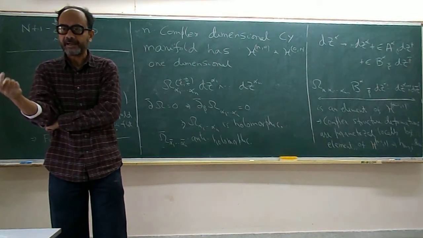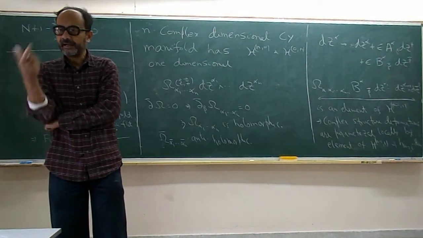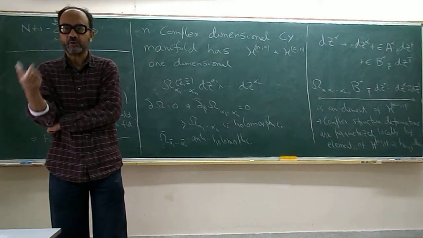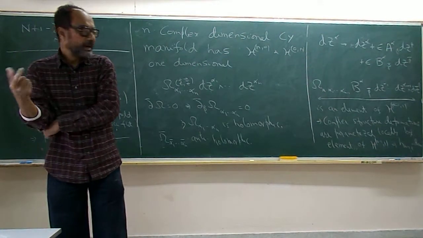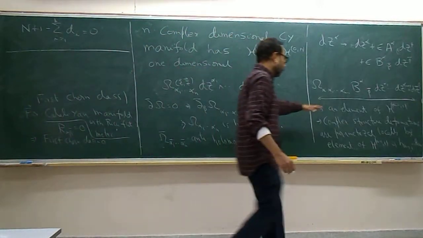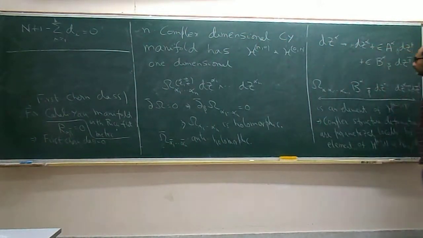So because the metric has to be real, Kähler deformations are h1 1 dimensional, but those are all real parameters. But the complex structure deformations are complex parameters, because you can multiply this by some complex number and it still remains an allowed deformation.